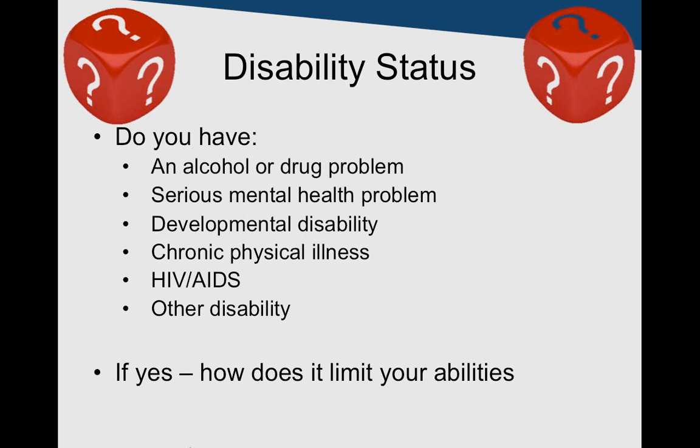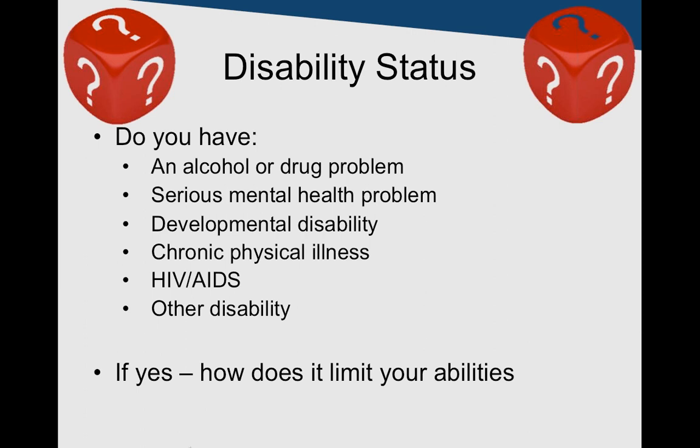Similarly, it's also difficult to determine if someone has a disability or a disabling condition. Initially, you need to determine if the person has one of the conditions listed on the slide. I apologize for the pause waiting for the slide to come up. You need to look at the various disabling conditions, such as substance abuse, which might include alcohol and drugs, mental health issues, developmental disabilities, chronic physical illnesses, HIV and AIDS, and other disabilities.